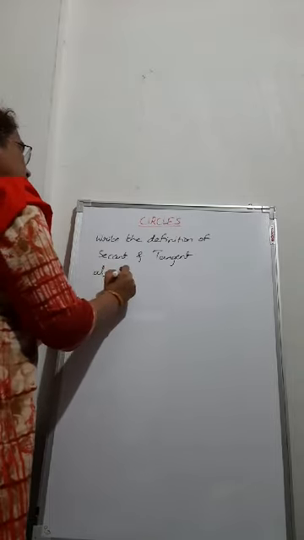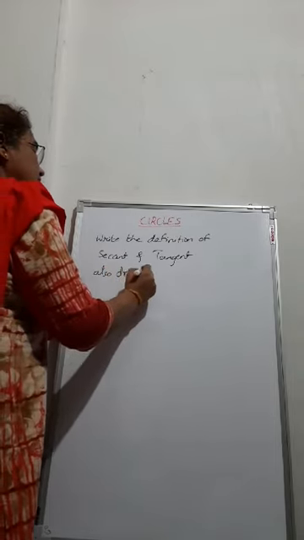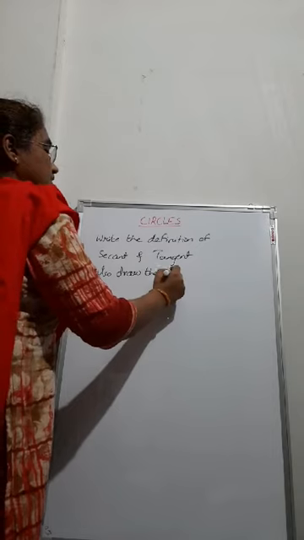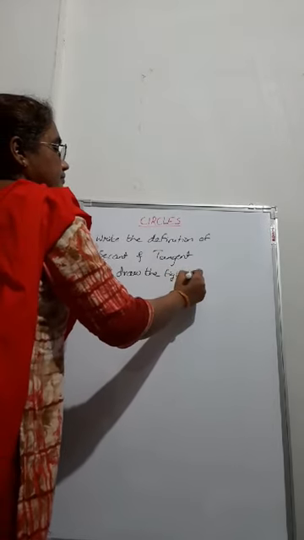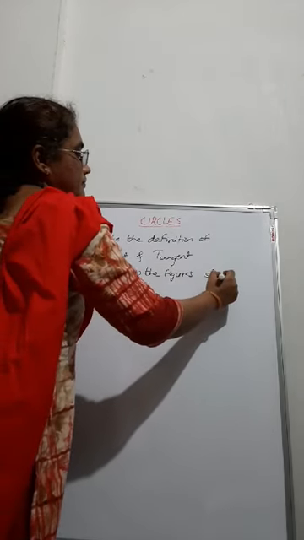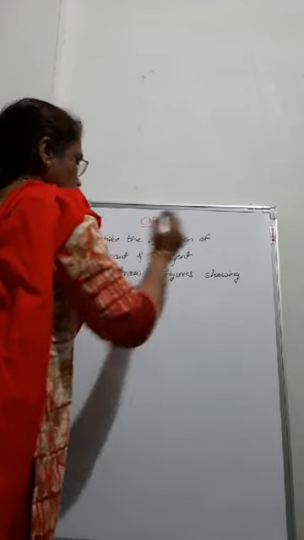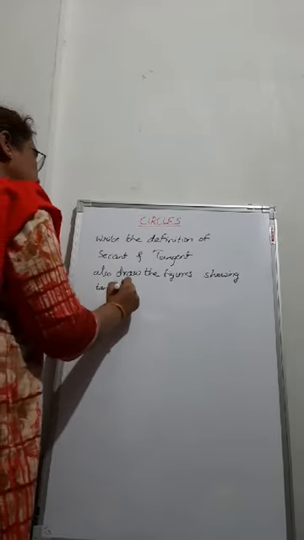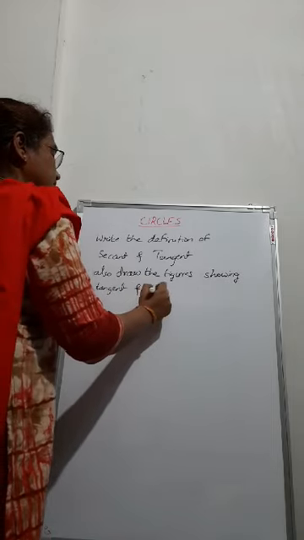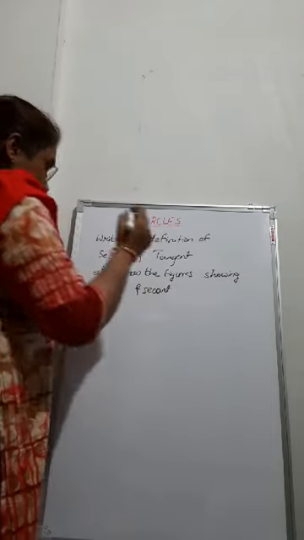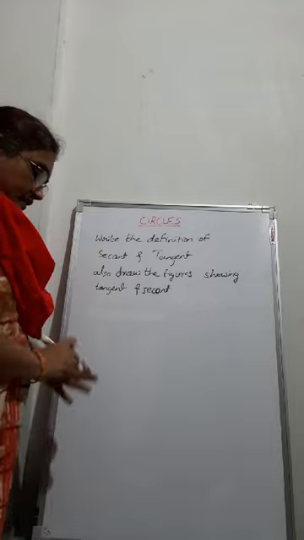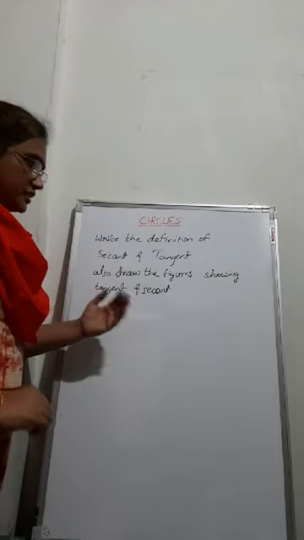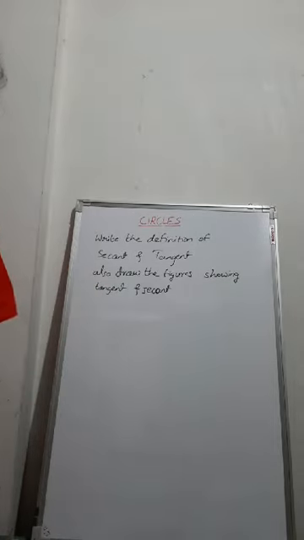Also, draw the figures showing tangent and secant. This is the first part of this circle chapter. Okay.